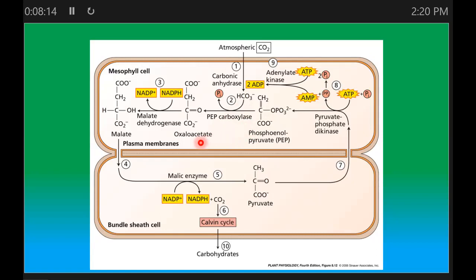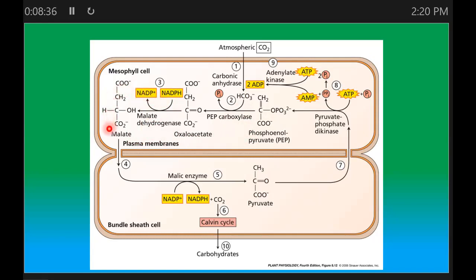So that's why they call it a C4 cycle, because oxaloacetate has 4 carbons. It's a 4-carbon product. Then you can see that oxaloacetate goes to malate through this small reducing step here, using NADPH from the light reactions. So that also is being used. Okay, so then you get malate.